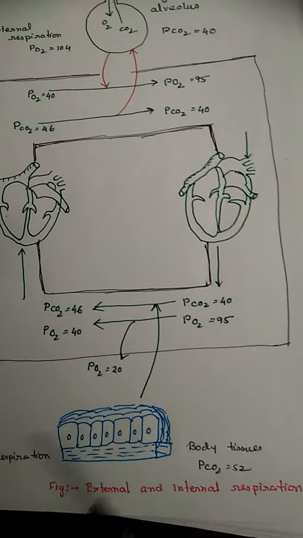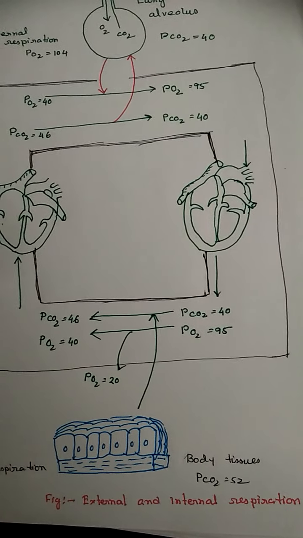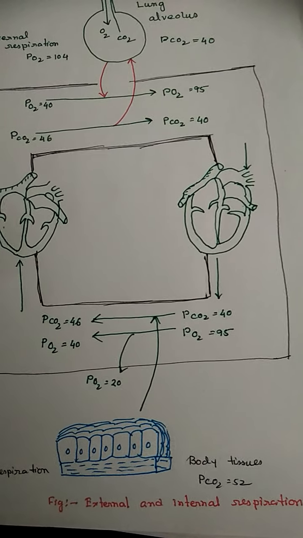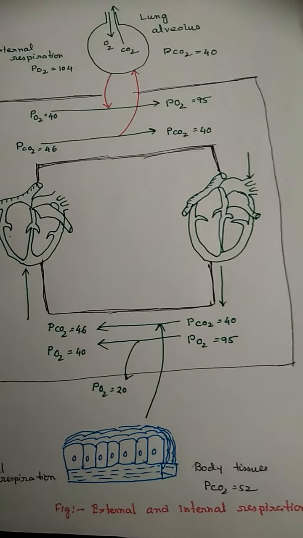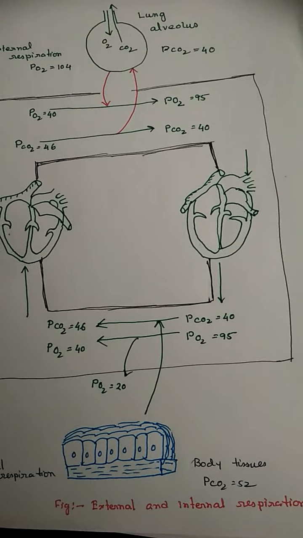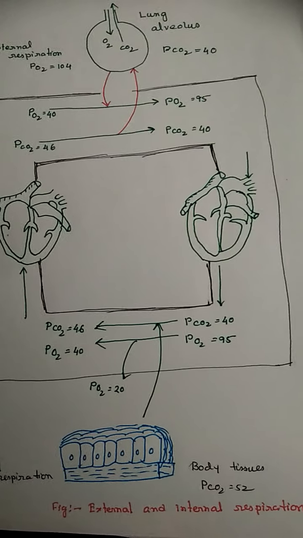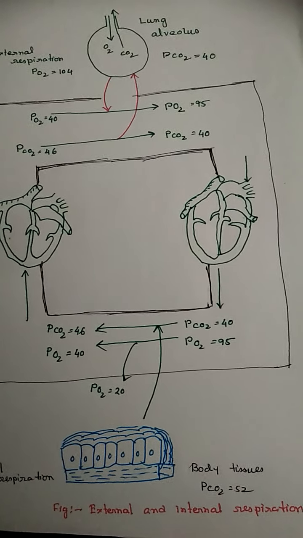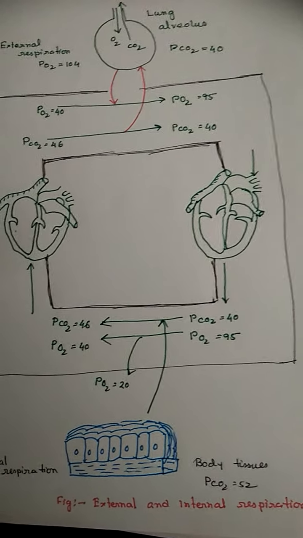At the tissue level, the dissociation of oxyhemoglobin, which is oxygen combined with hemoglobin, to release oxygen is favored by low partial pressure of oxygen and high partial pressure of carbon dioxide.